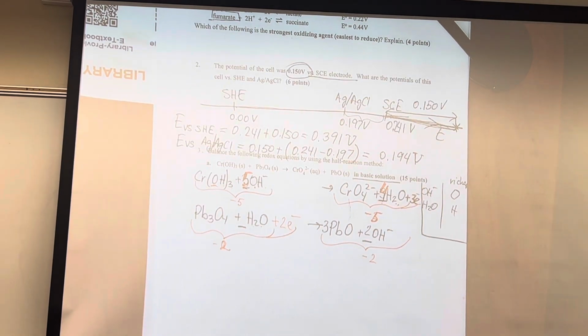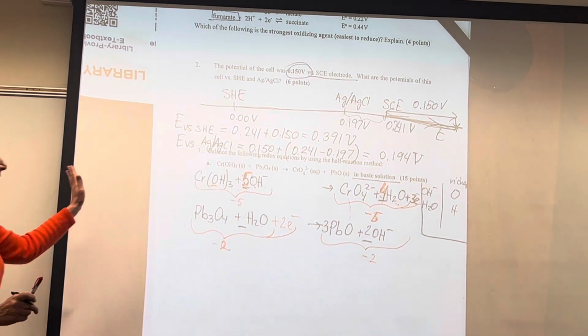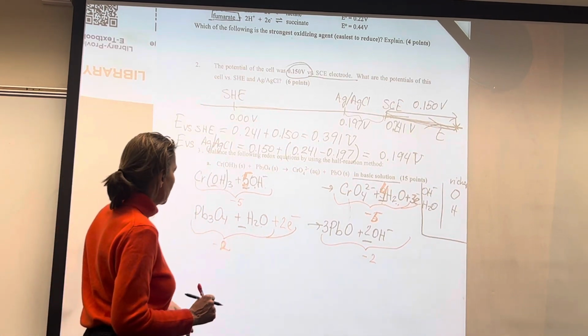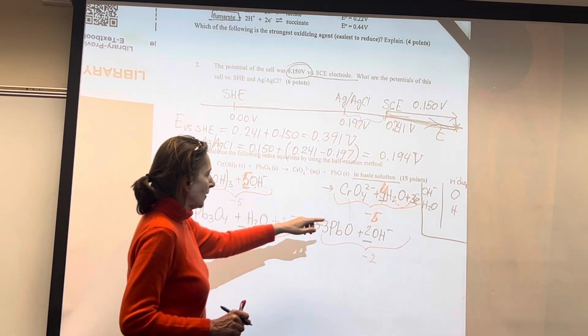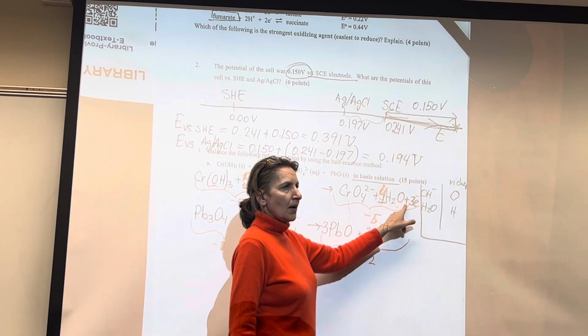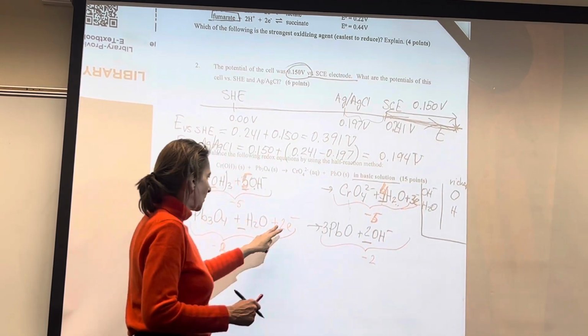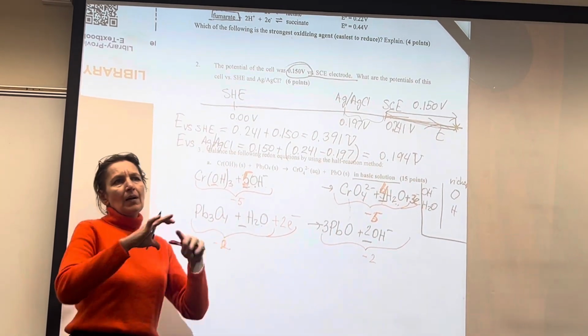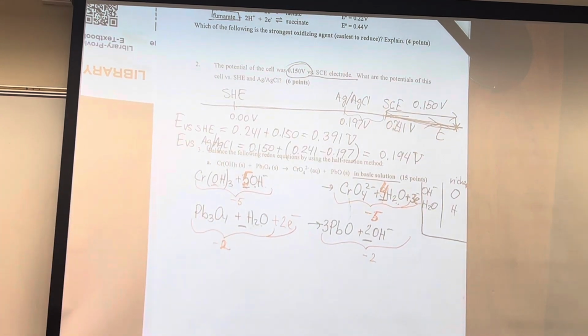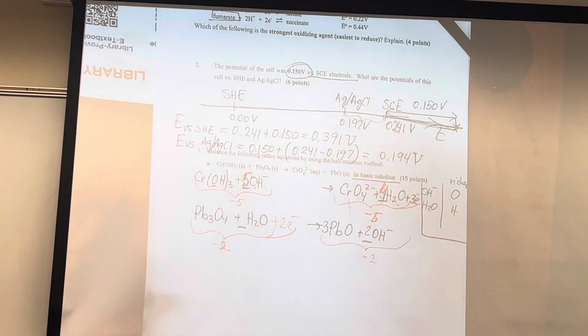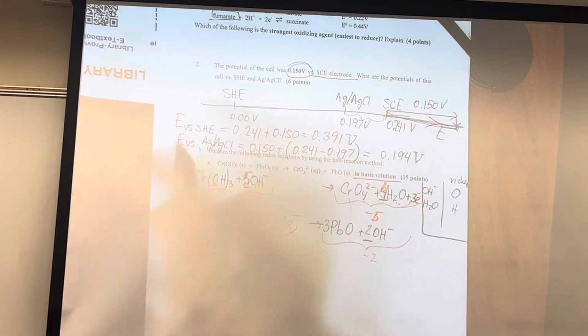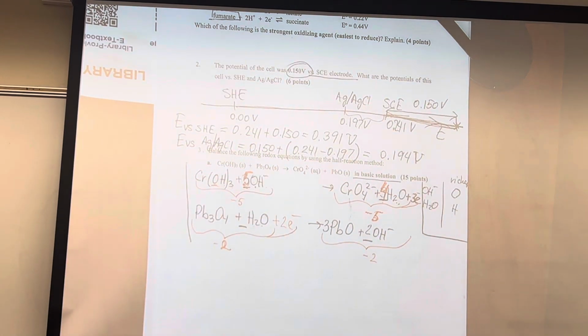Good. We now come up with 2 half reactions. Now we need to see that 3 electrons are given off, but only 2 are required. Now for the whole reaction, we need to balance these electrons to be sure that whatever is donated is all accepted.